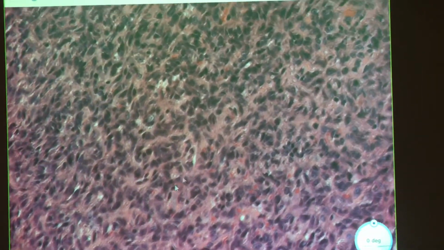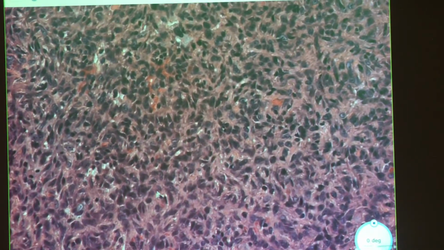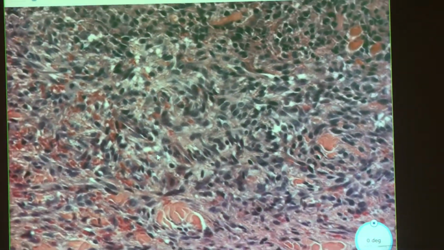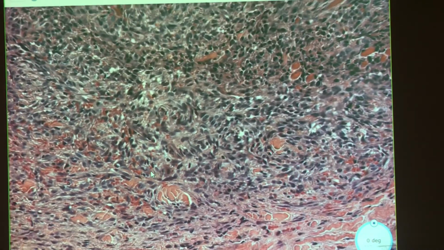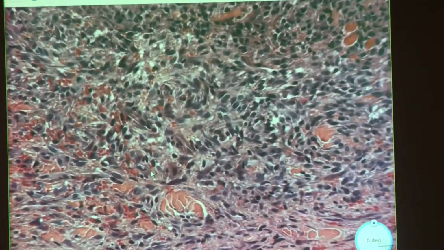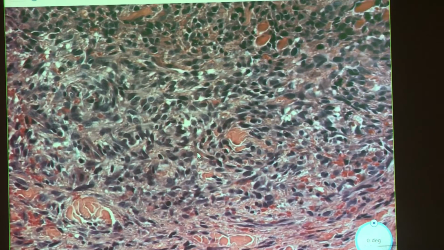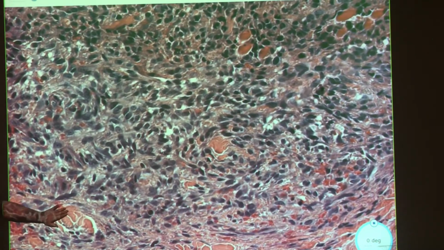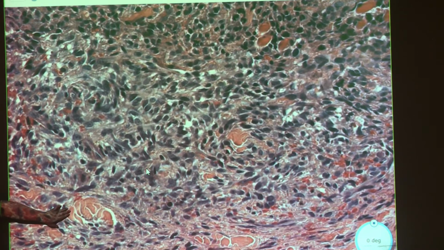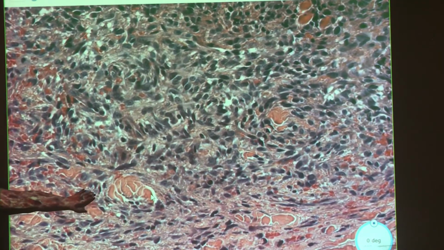So one of the things that will help you with this lesion is you want to look at the edges of the lesion. What's this lesion doing? Infiltrating collagen. Yeah, so what's this stuff here? That's collagen.